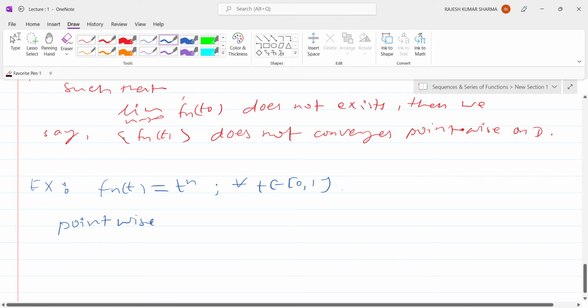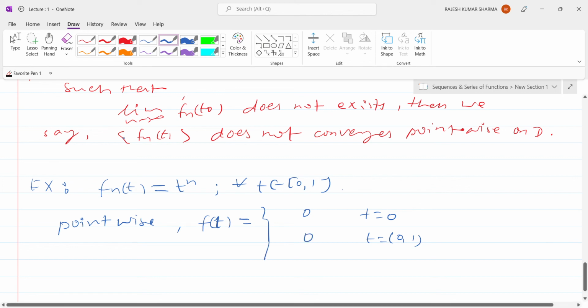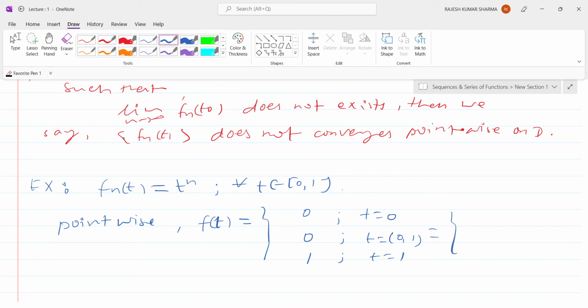Then the pointwise limit f(t) will be 0 when t equals 0, 0 for t belonging to the open interval 0 to 1, and 1 at t equal to 1. So this will be 0 for t in [0, 1) and 1 at t equal to 1.